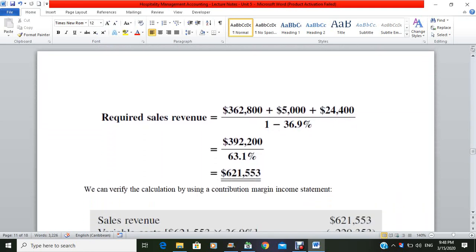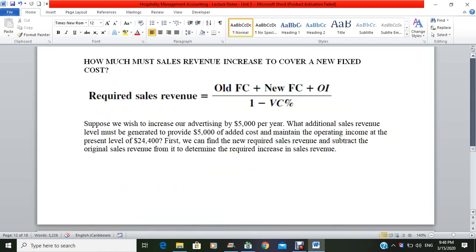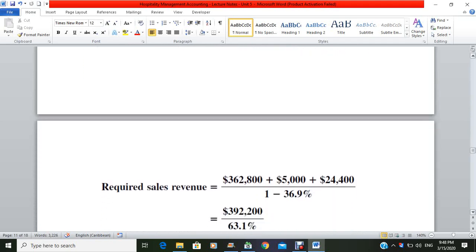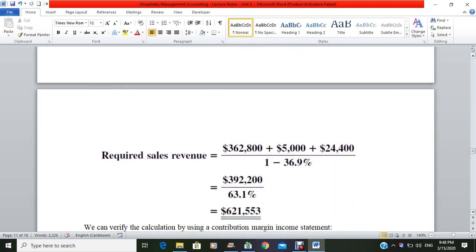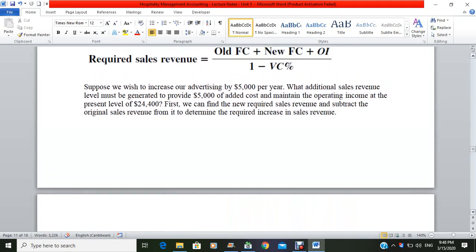Therefore, we now have a figure of 621,553. This would be the amount we'd have to have in sales in order to cover the additional fixed costs. Good.